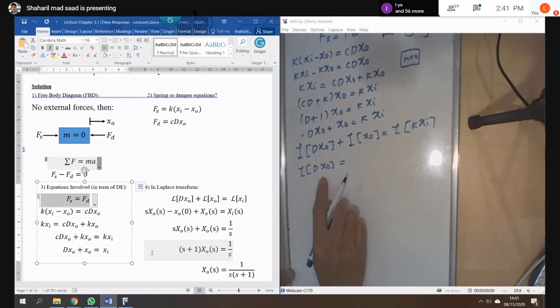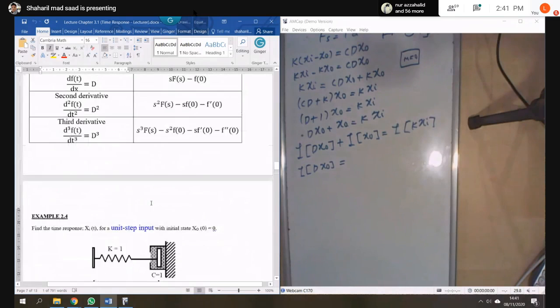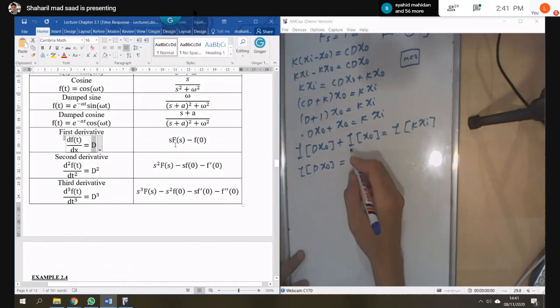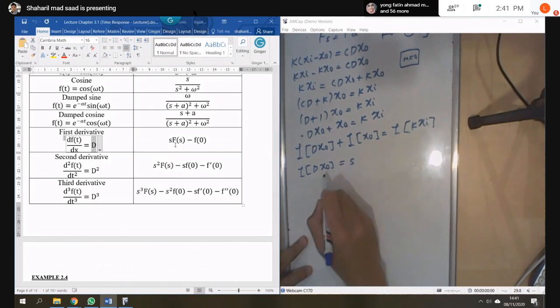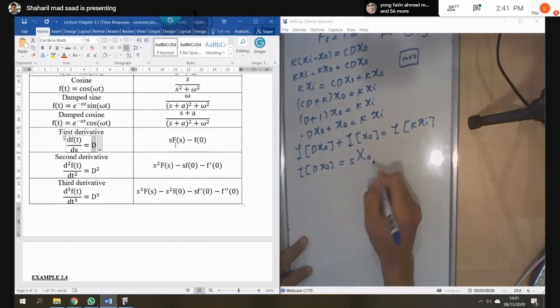So when you Laplace dx naught, you need to look at the table. When you Laplace a derivative, it will equal s F of s minus f of 0. So in this case, the small letter becomes the capital letter.